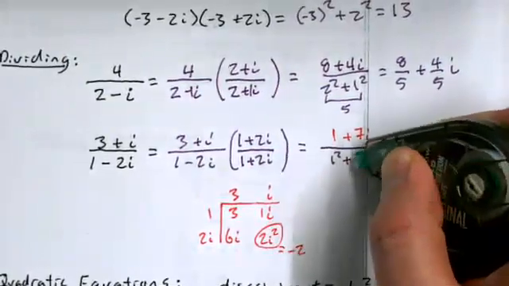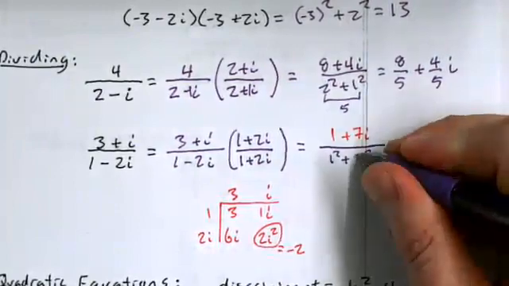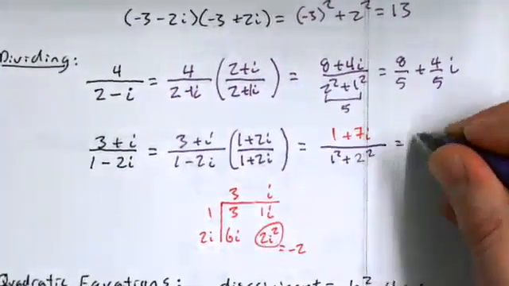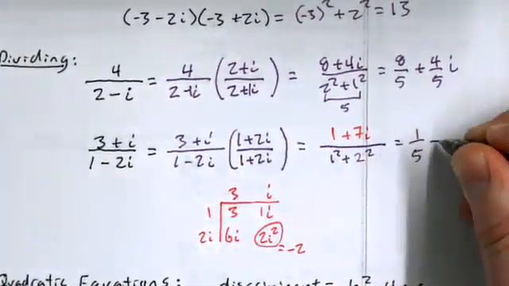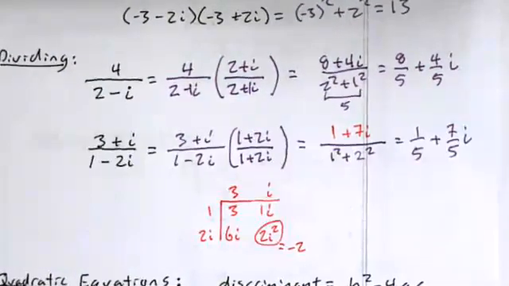That's not 4 squared, it's 2 squared. Whoopsie. So I think we got 5 for the denominator again. So 1/5 and 7/5 i. All right.